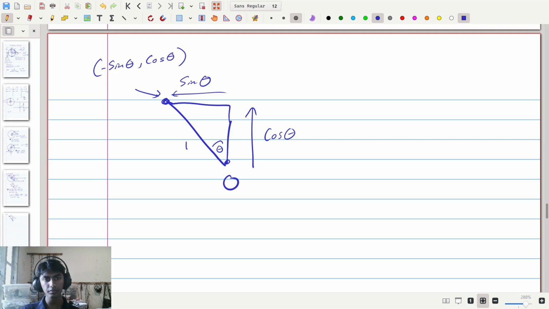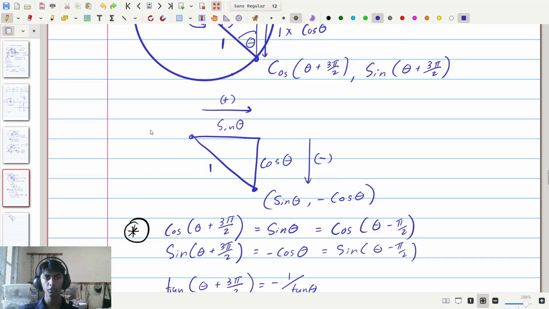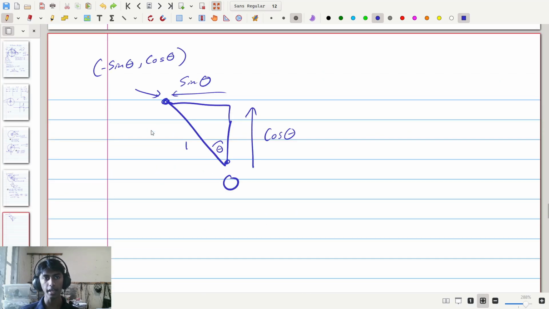So recall, because of our rotation, this point is also equal to cosine theta plus 90, comma sine theta plus 90.